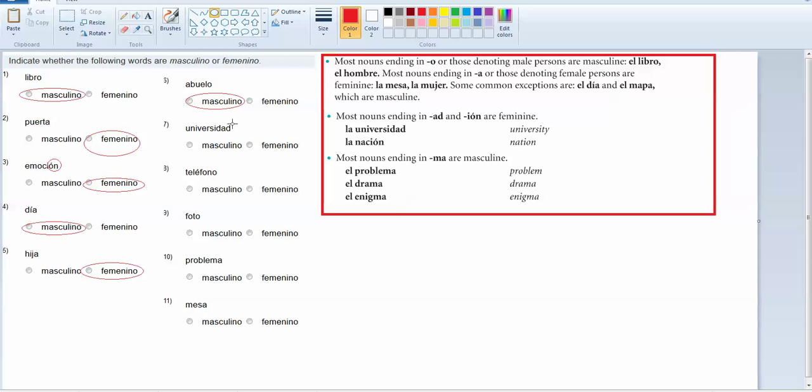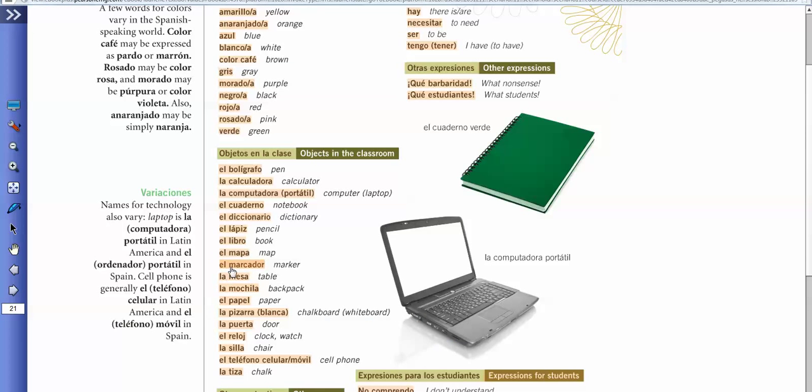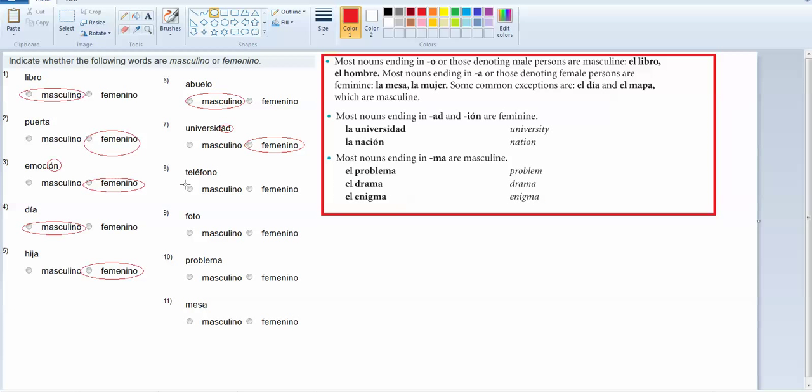Okay. Universidad ends in AD. And AD is feminine, so I'm going to pick femenino. Teléfono, it ends in an O, so it should be masculine, and I think this was one of your vocab words, so I can go back to the textbook. Here's teléfono, it's got an el, so it's masculine, and I would pick masculino.